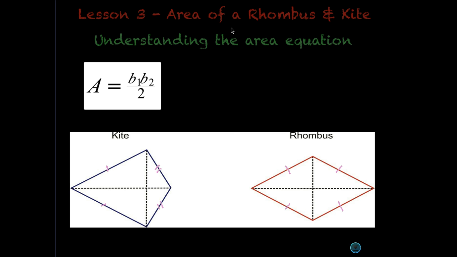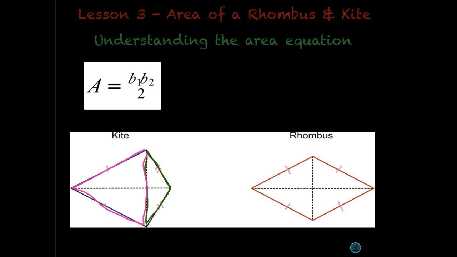Now let's think about what we have here. We actually have two triangles, and I can draw in, I'll do that in green, this top triangle right here, and then I have a bottom triangle, which I will draw in pink down here. Now think about your understanding of triangles.